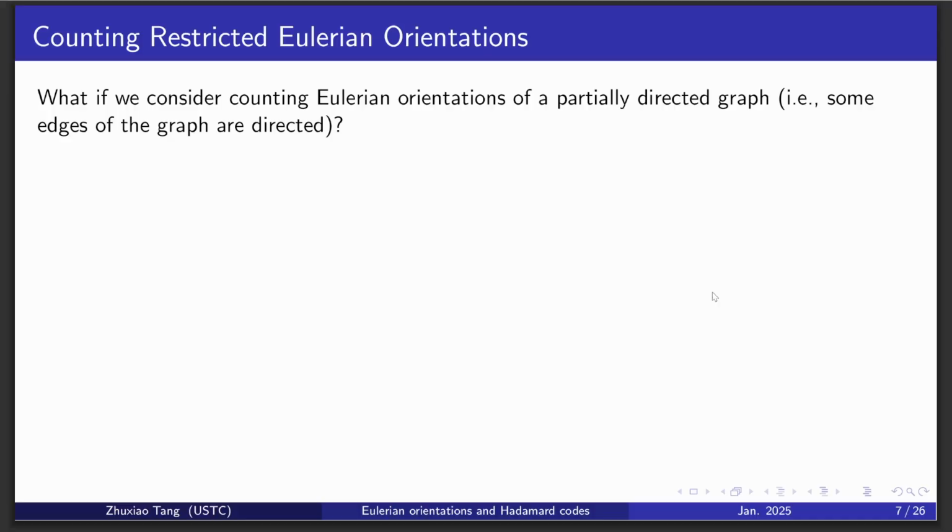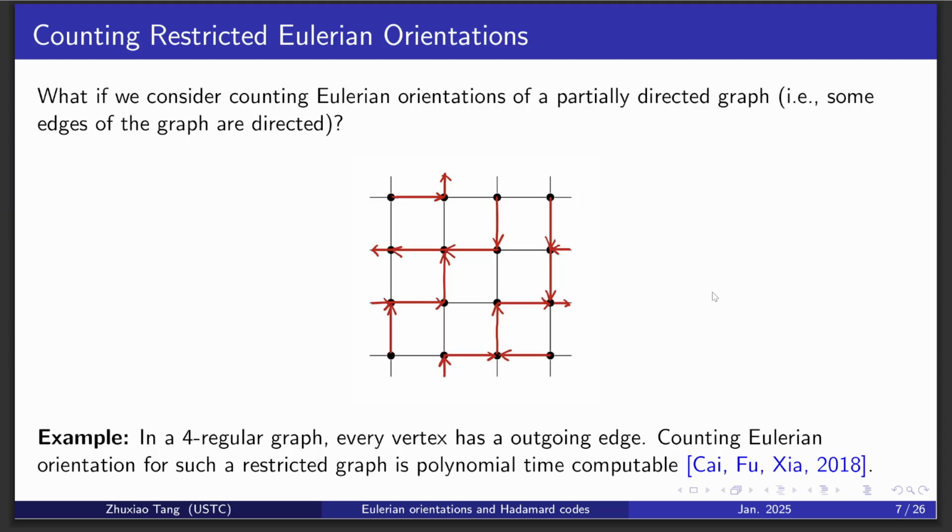However, what if we consider the problem of counting Eulerian orientations in a graph where the directions of some edges are fixed? Here is an example. In this four-regular graph, exactly one edge at every vertex is fixed to be an outgoing edge.